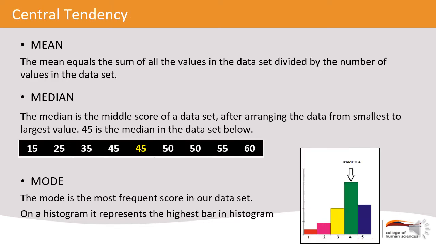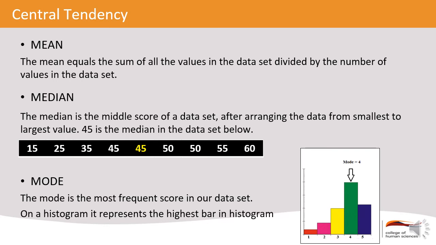There are 3 descriptive statistics that tell us more about the central tendency in our data set, namely the mean, the median, and the mode. The mean equals the sum of all the values in the data set divided by the number of values in that data set. The median is the middle score of a data set, after the data set has been arranged from smallest value to largest value.